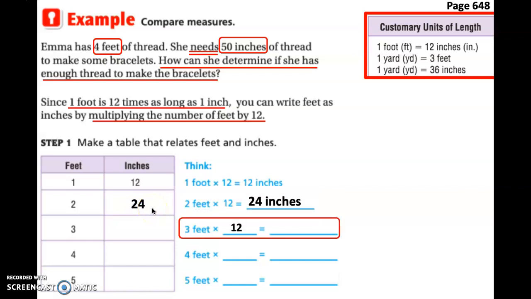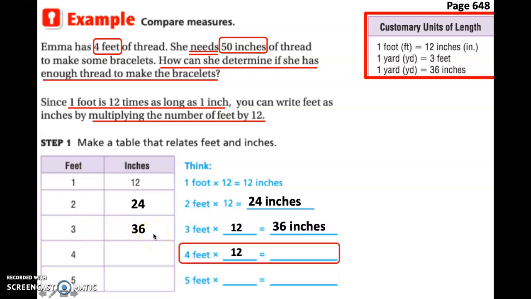Let's continue. 3 feet. Going to follow the same pattern. 3 feet times 12 is 36. So 3 feet equals 36 inches. 4 feet times 12 is 48 inches. 4 feet, 48 inches.